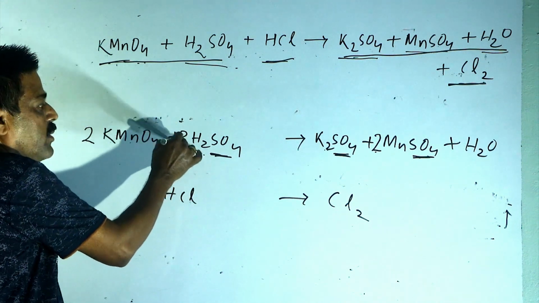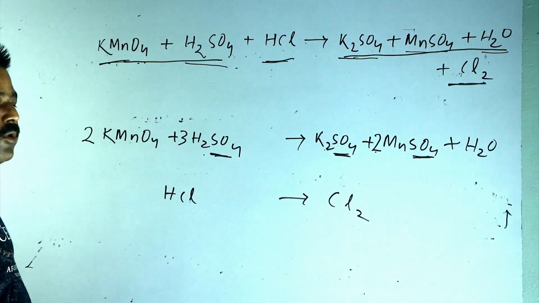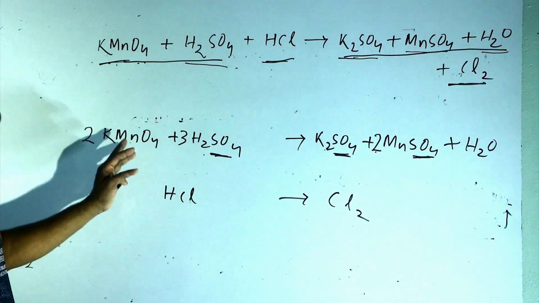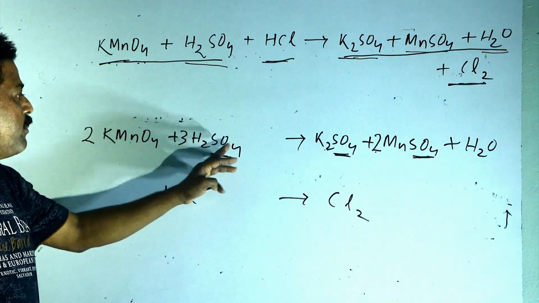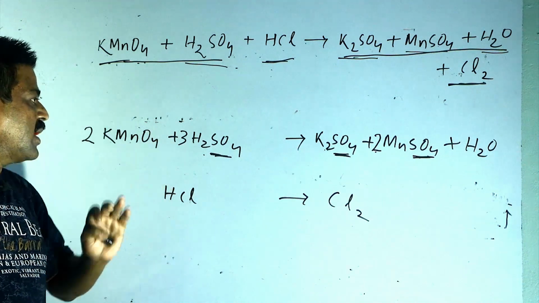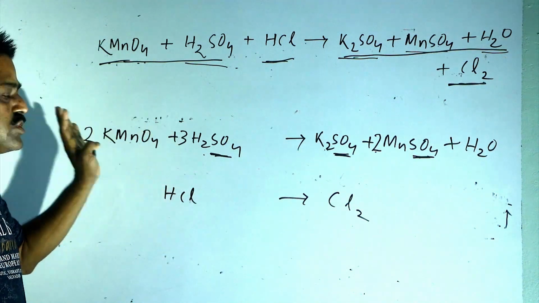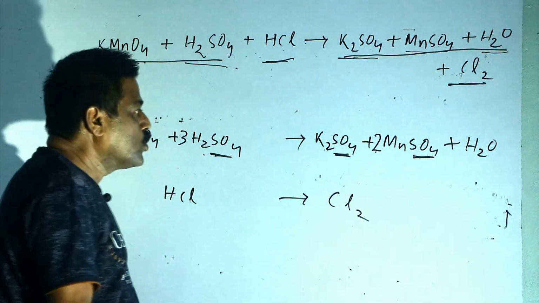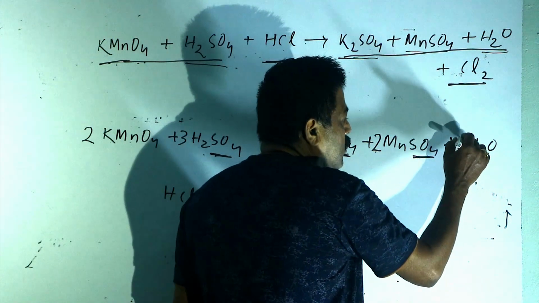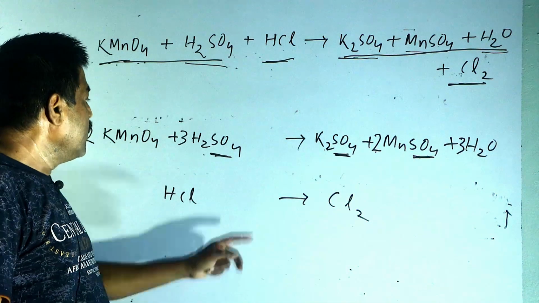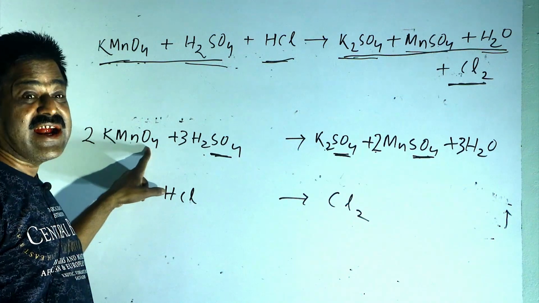So 3 will be given as a coefficient, multiplied here as integer. Now 3 sulfate is balanced, potassium is balanced, manganese is balanced. Now we have to balance hydrogen and oxygen. So here is 3 into 2, 6 hydrogen atoms. To have 6 hydrogen atoms, we have to give a suitable integer 3 here. Then now this oxygen atom is not yet balanced.